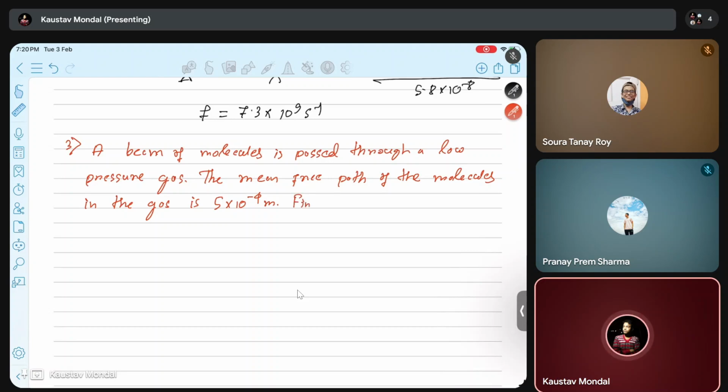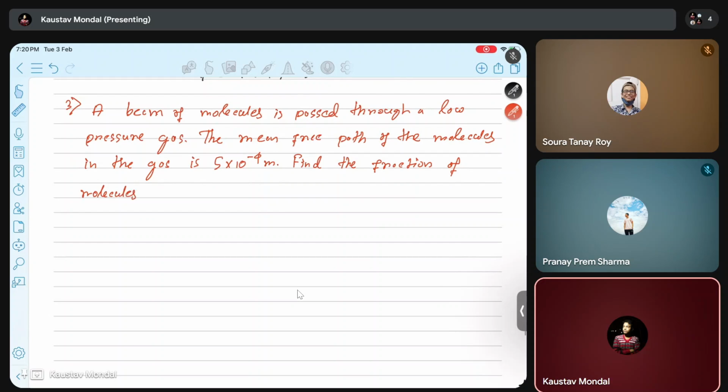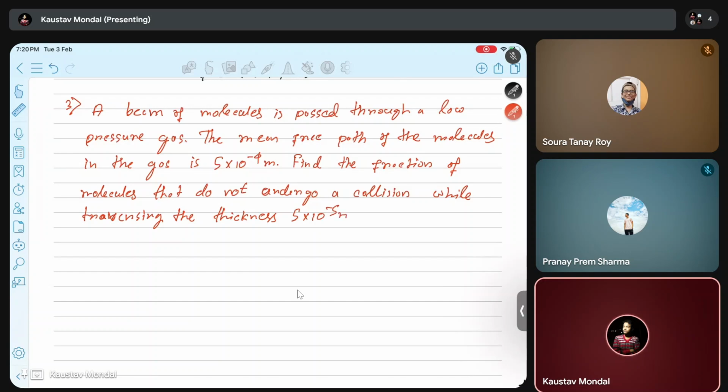So find the fraction of molecules that do not undergo collision while traversing the thickness 5 into 10 to the power minus 5 meter through the gas.